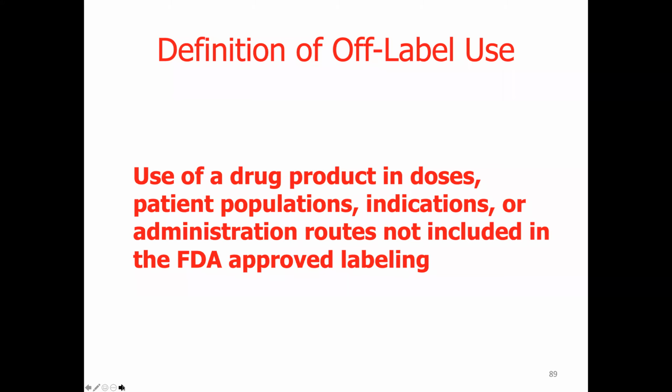Anything outside the label is considered off-label use, and it is fine for you to prescribe off-label as long as you have a rational reason. For example, using a drug approved for adults in a child is off-label. So when you prescribe off-label, make sure you have thought it through and have a rational reason for using it.